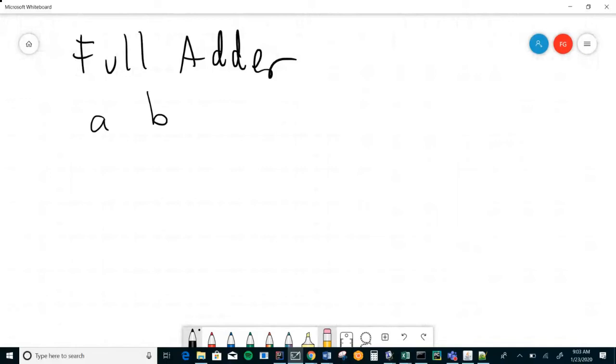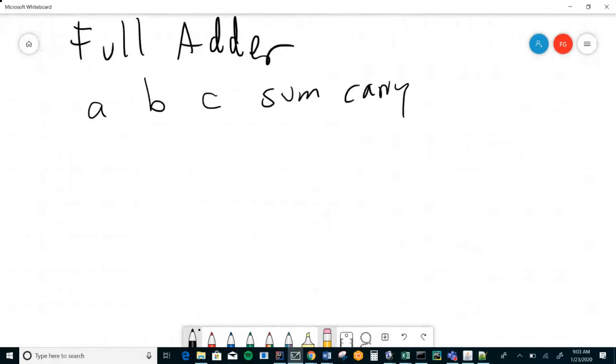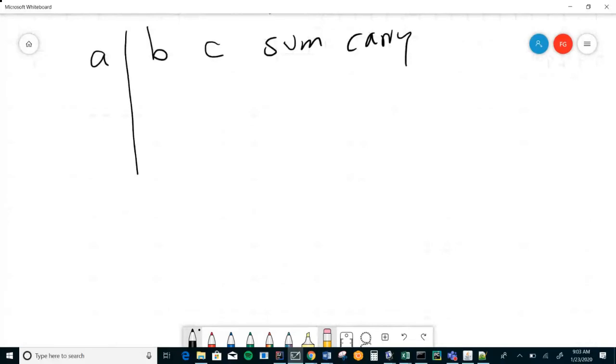But the full adder is also going to need a third input, which we're creatively going to call C. Why? Well, it's the thing after A and B, but also it feels like, oh yeah, the carry from last time, right? So we have A, B, and C, and then we're still going to have a sum, and we still need to have a carry, that is the carry out as a result of the calculation.